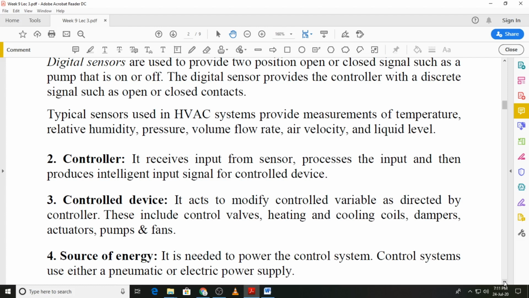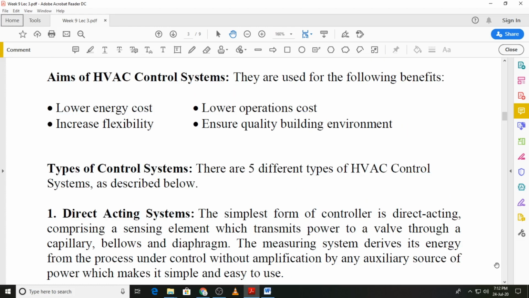For the source of energy, we need a source to power the control system, and it can be either a pneumatic or an electrical power supply. Now in a modern HVAC control system, the control system should fulfill certain objectives, and one of the principal factors is now the energy consumption.